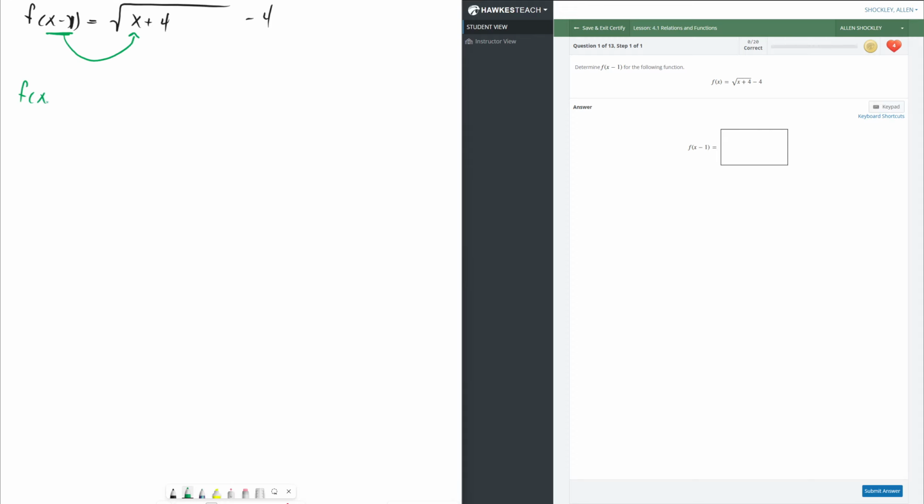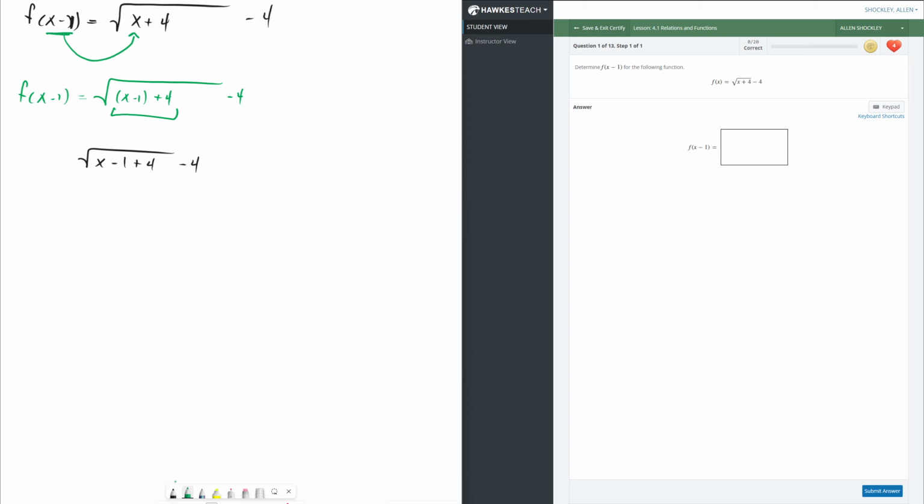So the function of x minus 1 equals the square root of x minus 1 plus 4 minus 4. Since it's inside the radical, what we can do is look to see if we can simplify this. Good news, we can. So this will drop down into x minus 1 plus 4 minus 4.